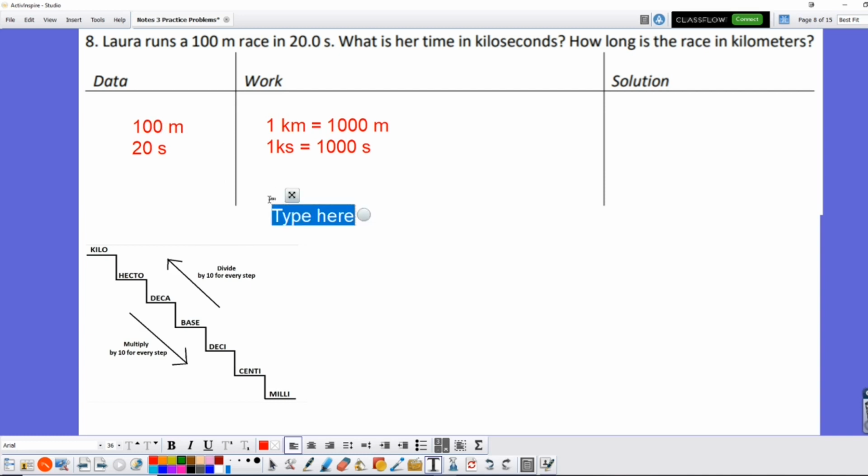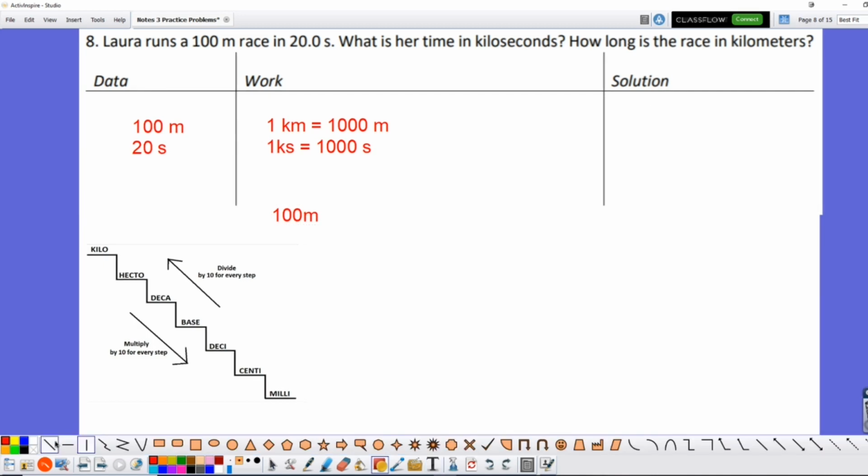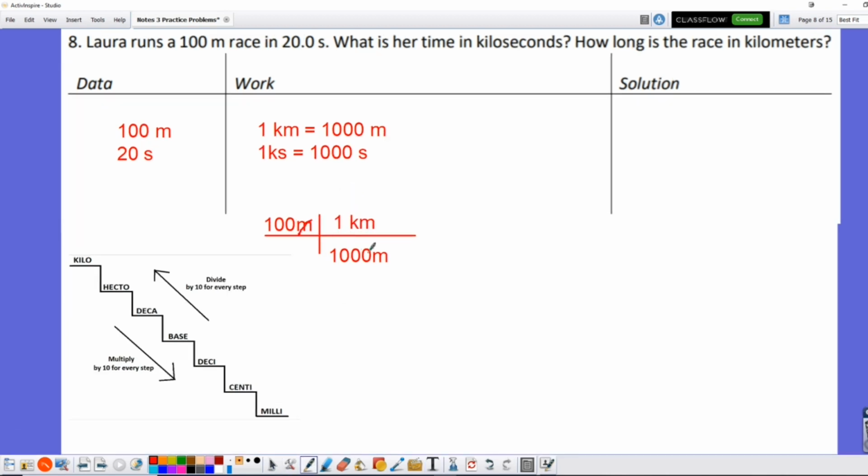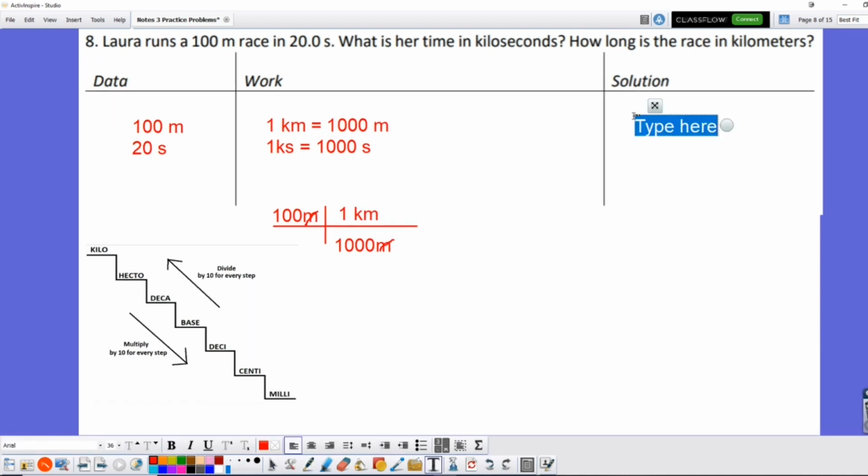So if we're going to keep this logic, we can apply a bridge problem to this. If we have 100 meters and we want to convert that into kilometers, we still do a bridge problem. 100 meters, and we want to get rid of meters, so we're going to put 1,000 meters on the bottom, and that is equal to 1 kilometer. 100 times 1 is 100. Meters cancel with meters. And then divided by 1,000, the answer is going to be 0.1 kilometers. Okay?